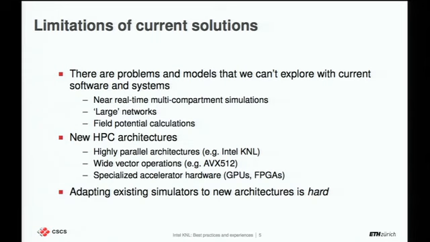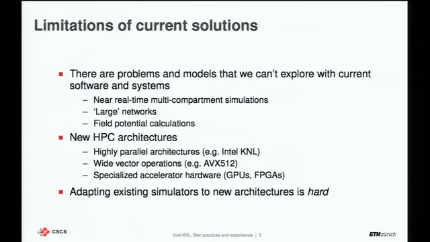The reason for a new multi-compartment neural simulator is that the current solutions have several limitations. One is that the solutions for multi-compartment cell simulations don't treat large networks very well, and the problem is real-time or near real-time simulations.